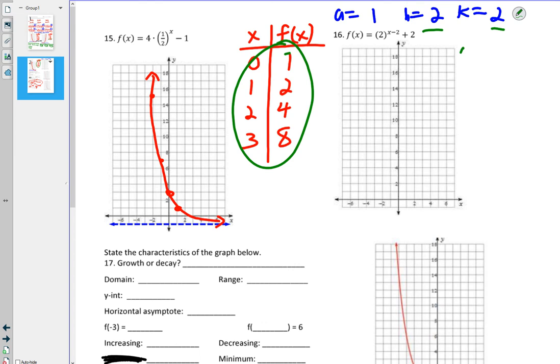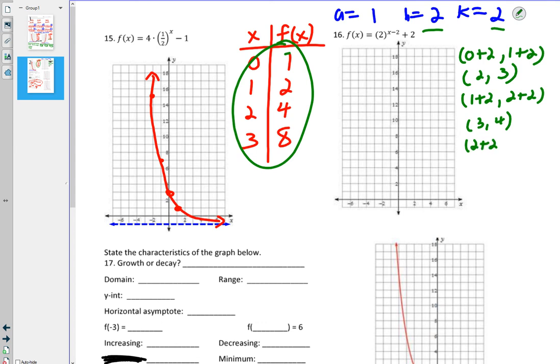So 0 plus 2, 1 plus 2. That's 2 comma 3. 1 plus 2, 2 plus 2. That's 3 comma 4. 2 plus 2, 4 plus 2. That's 4 comma 6. And then 3 plus 2 and 8 plus 2 is 5 comma 10.